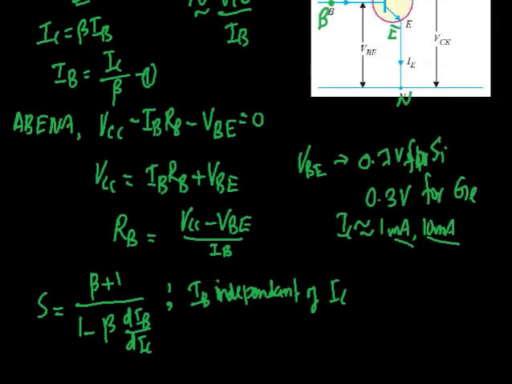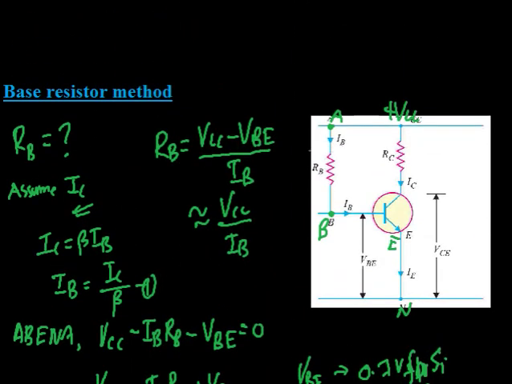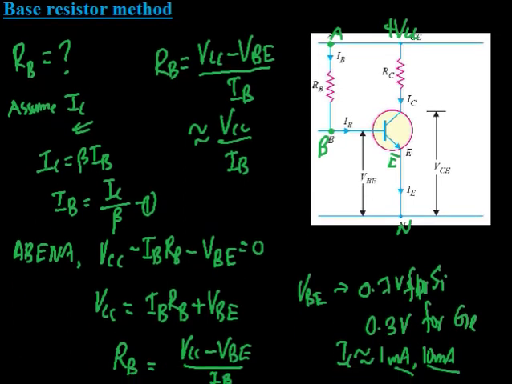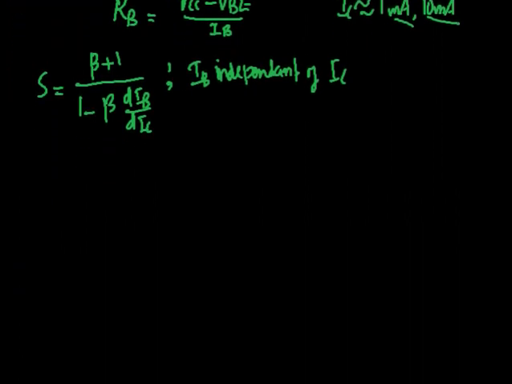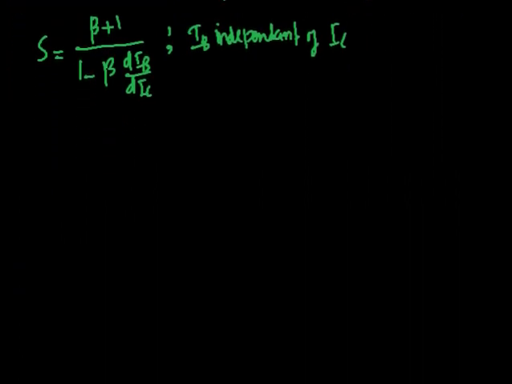IB is determined by this RB and the voltage source connected here, VCC. Because IB is flowing through RB, the voltage VBE, the voltage source VCC and RB will determine the value of IB. So IB does not depend on IC in this particular base resistor bias.